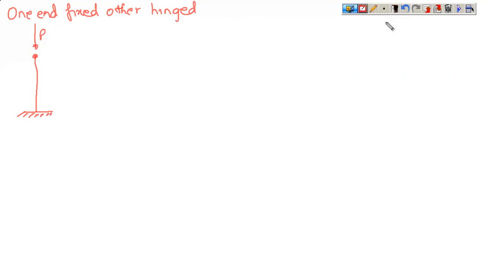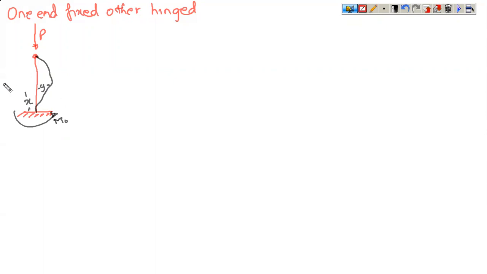So if you look at the buckling pattern, it is something like this. So at any x distance, let us say y is the amount of buckling that has taken place. Now this is a fixed support here. So if this is a fixed support, that means it will carry some moment. Let us say it carries a moment of magnitude m naught here.